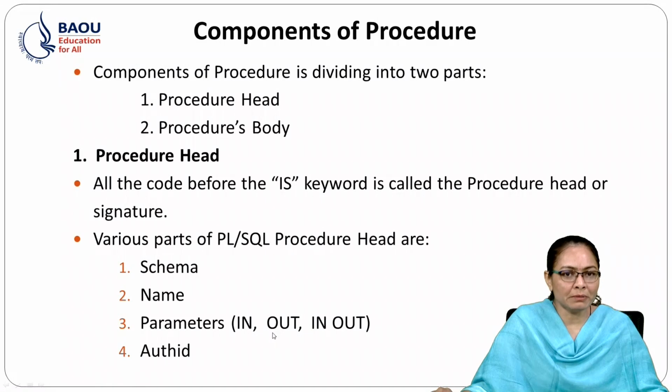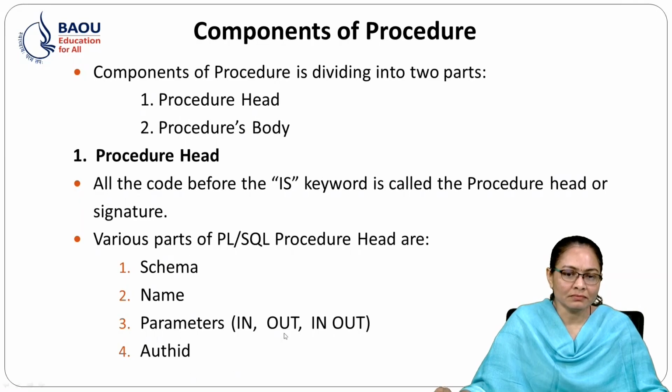Now, what do you mean by IN parameter? The IN parameter receives or accepts the value that is passed from outside when the procedure is called, and OUT is used to send or return a value to the outside when the procedure is called. An IN OUT parameter is used to accept as well as send the value from the outside procedure execution.